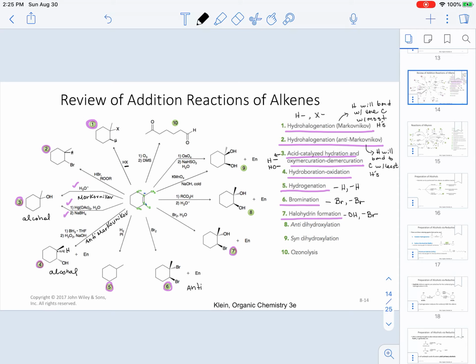Notice that in this reaction, the bromine is added to carbon B, meaning the carbon that has the most hydrogens directly attached to it, and then the OH is going to be attached to carbon A, the one that has the least number of hydrogens directly attached to it. Also notice that this reaction has an anti-addition, meaning that the OH and the Br are going to be on opposite sides of each other, and we're going to have the formation of an enantiomer. I should specify that the EN stands for enantiomer.